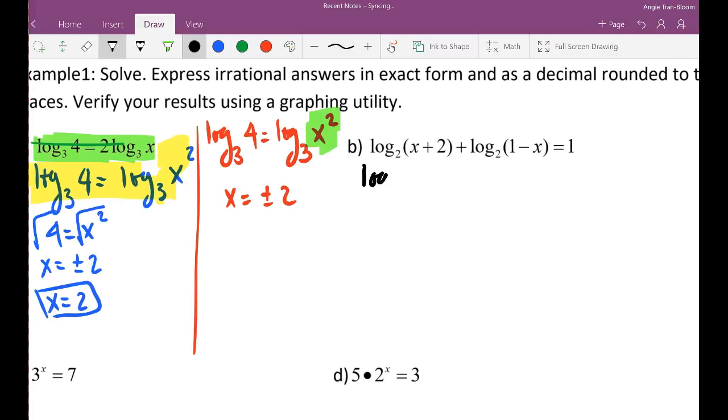So we would write log base 2 of x plus 2 times the quantity of 1 minus x equals 1. What should we do next? Sure, can you please FOIL that out? And then I'm just going to call on you to give me the simplest form. So once you're called upon, I just want the simplest FOIL form, okay?